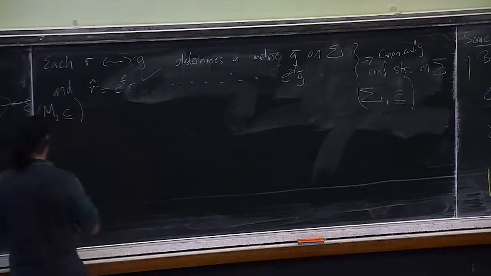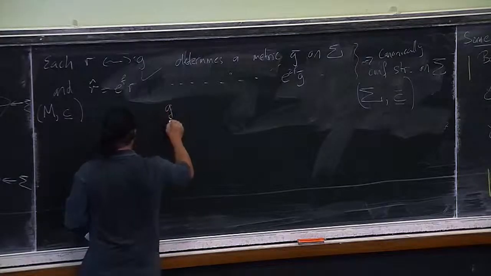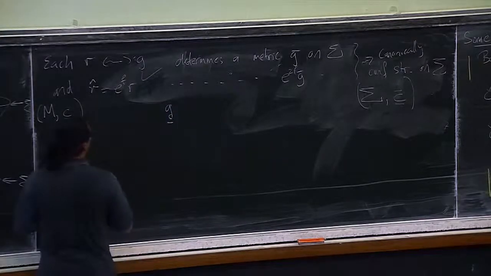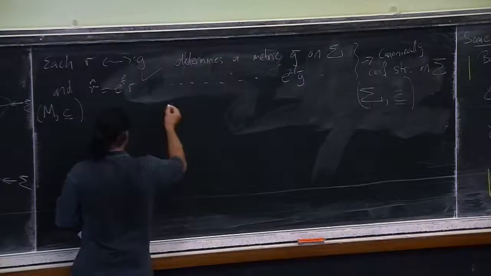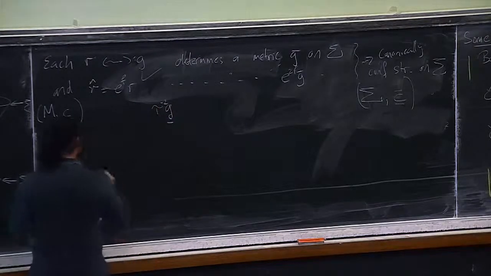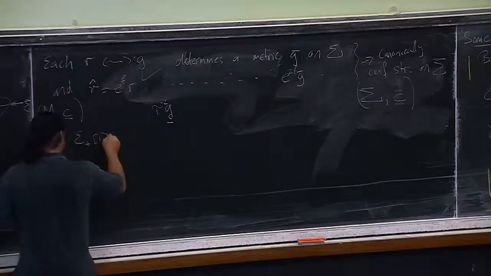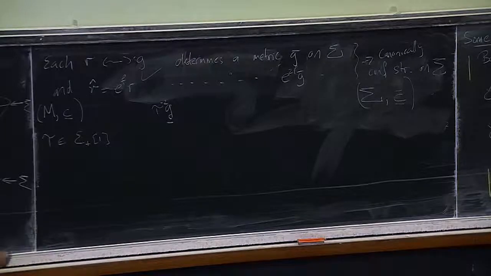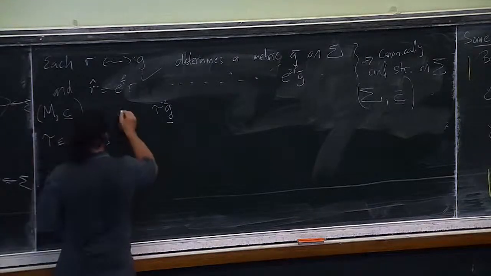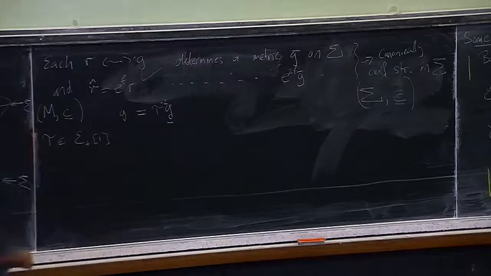So remember, a metric in a conformal structure is given by taking the conformal metric and multiplying by some scale to the -2. So if tau is a section of this, for instance, so densities of weight 1, positive ones, then this gives me a metric G on the whole of M, including a metric that goes to the boundary.